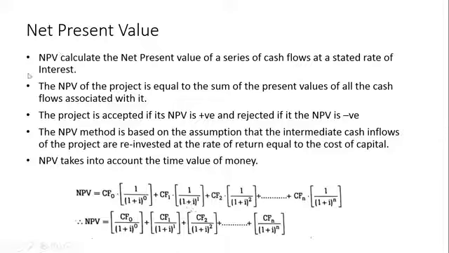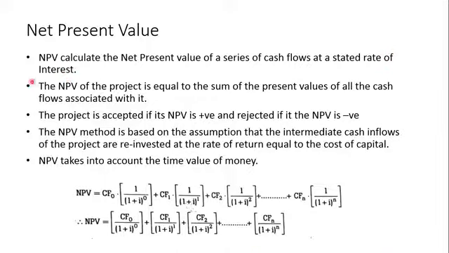In the NPV calculation we calculate the net present value of the series of cash flows. When we know the cash flow diagram, we can state the rate of interest, at the stated rate, say 10% or 12%.